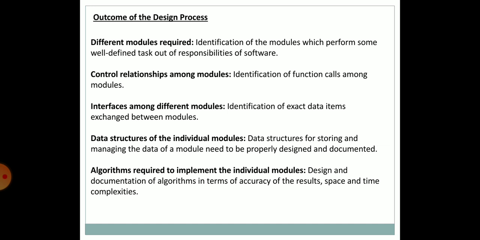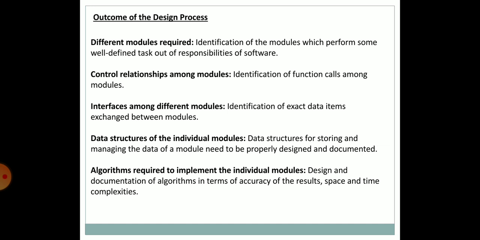Okay, next one, control relationships among modules. This includes identification of the function calls among the modules. A control relationship between two modules happens only because of function calls between two modules. So the control relationships existing among various modules should be identified in the design document.